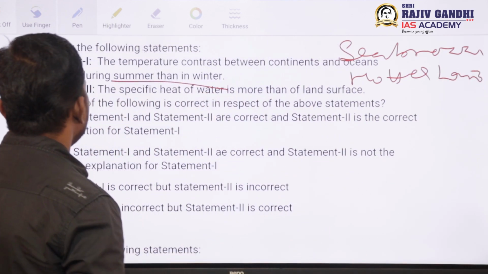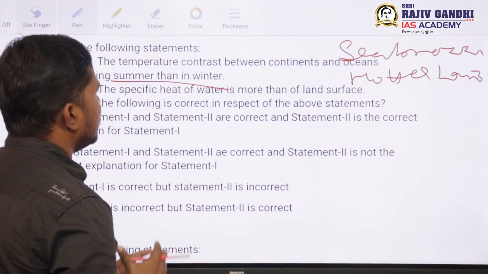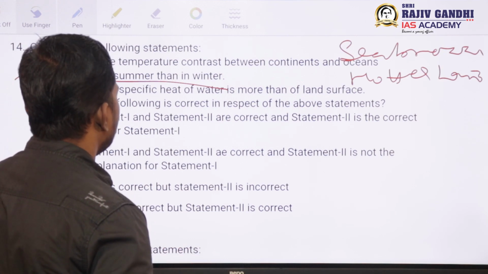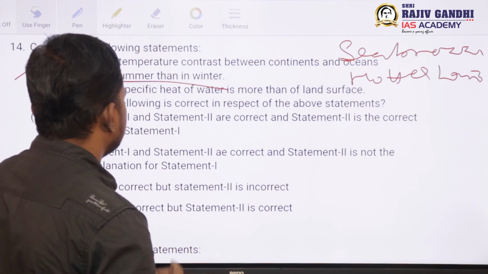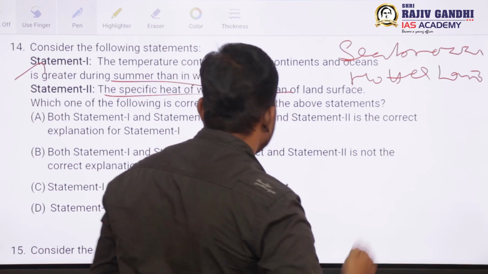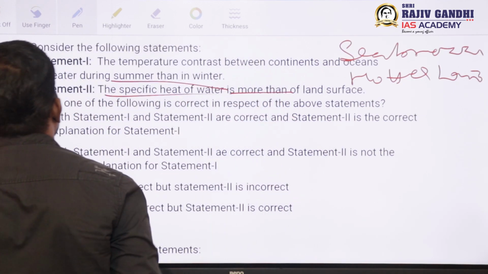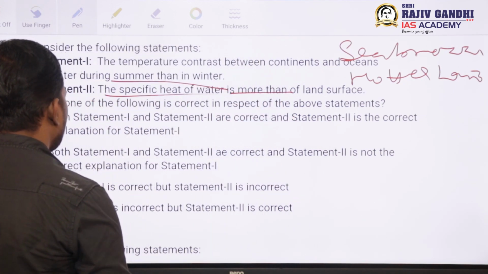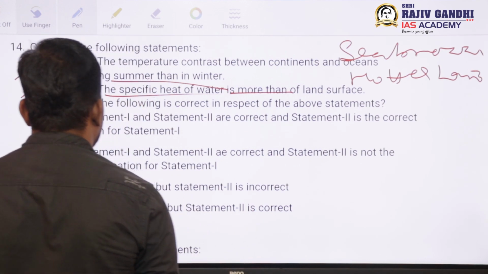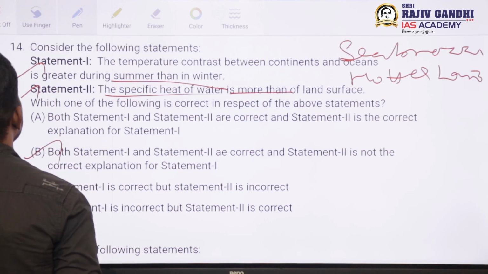Statement 2, the specific heat of water is more than that of the land surface. This is a correct statement. So option B, both statement 1 and statement 2 are correct, but statement 2 is not the correct explanation of statement 1.